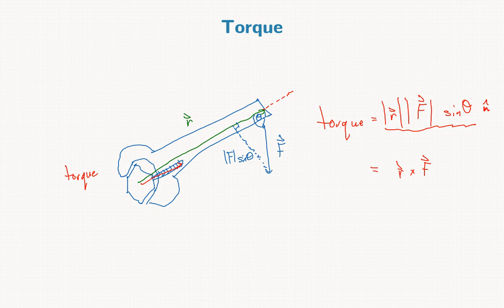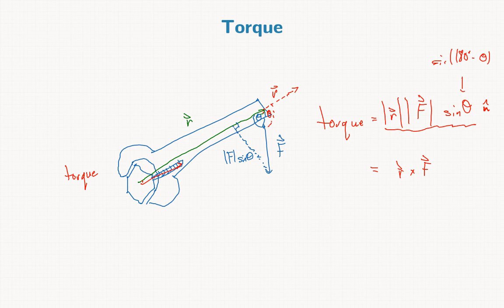Now, this theta here, we have to be a little bit careful. The angle theta between vectors f and r is going to be this angle, because we need to move r forward to start at the same point as f in order to compare the angle between them. So here we're really taking sine of 180 degrees minus theta if we want theta to be the angle between r and f.